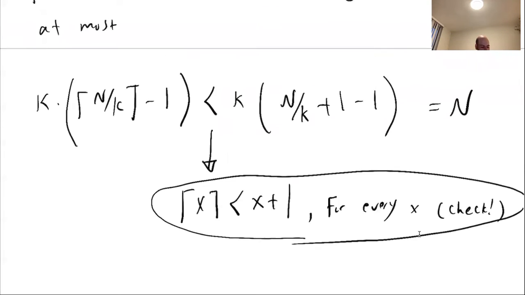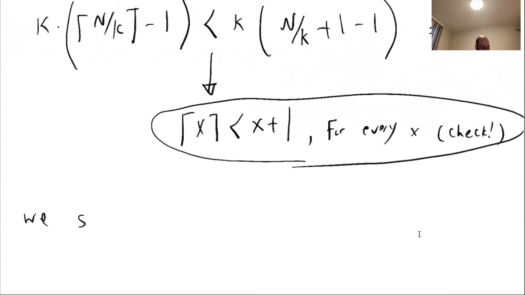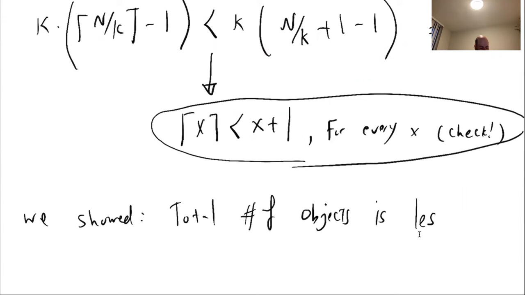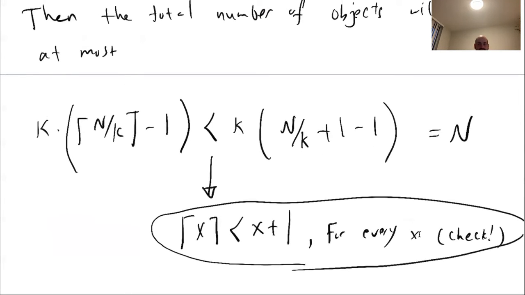So we showed that the total number of objects is less than n, right? And this is a contradiction. This here is the total number of objects.